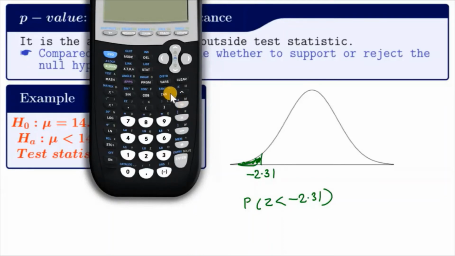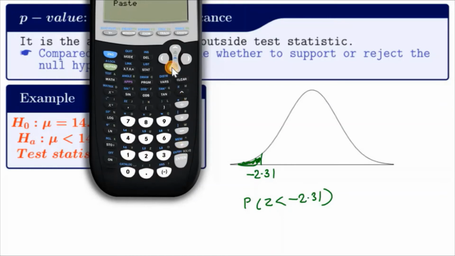Do second distribution. We'll be using normalcdf, then hit enter. Then for lower value, enter some large negative number like negative 999, and our upper value here is negative 2.31.